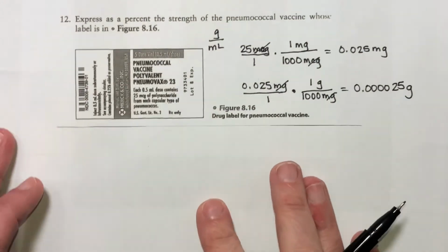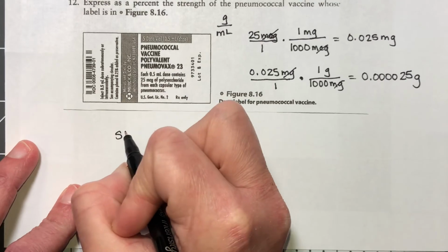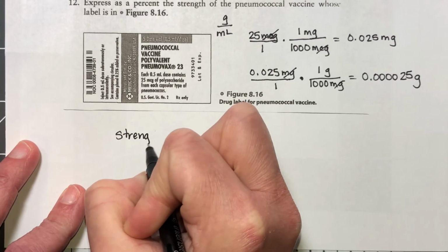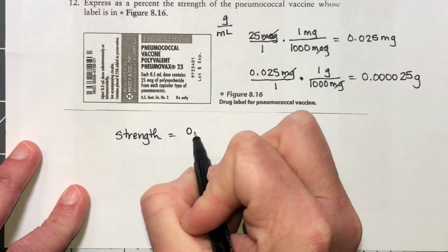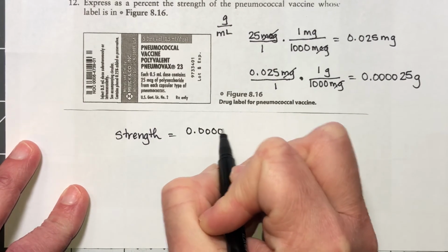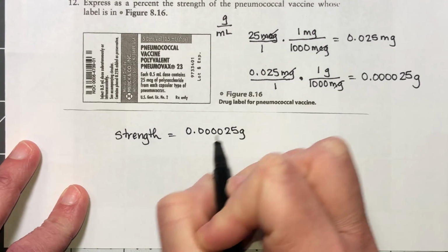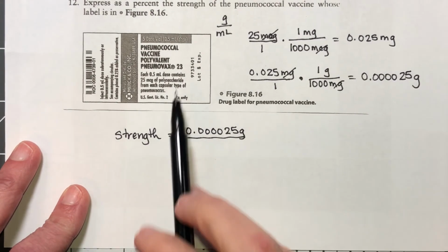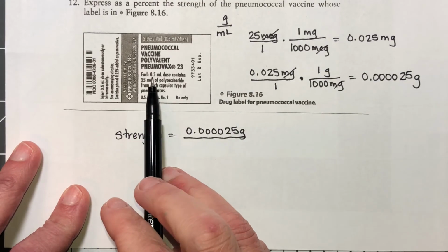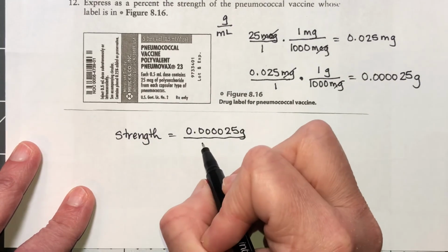Now to find this strength, we take the grams and we divide it by, what do we have, the milliliters? 0.5.